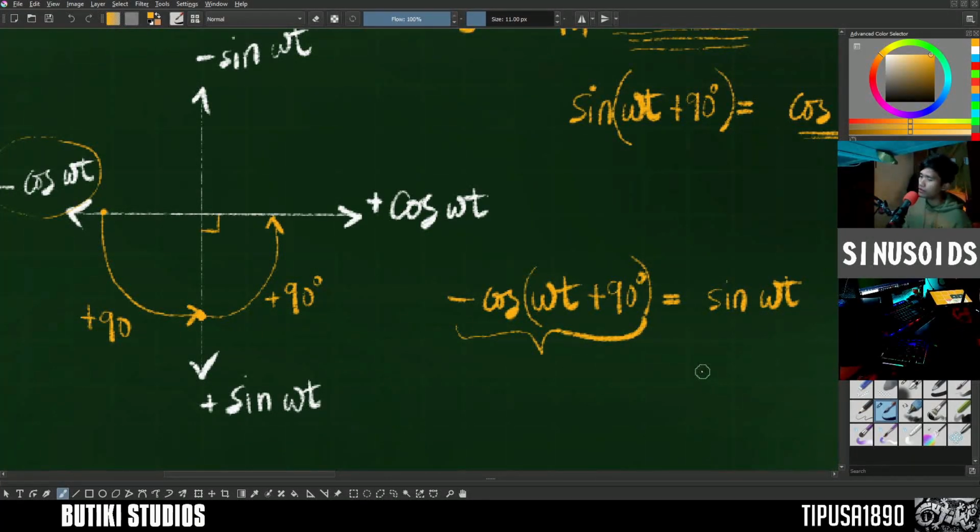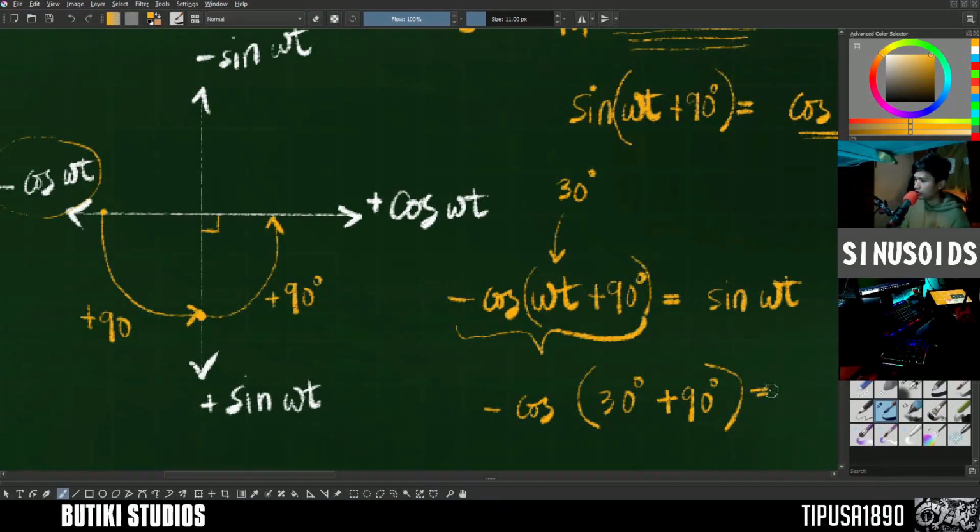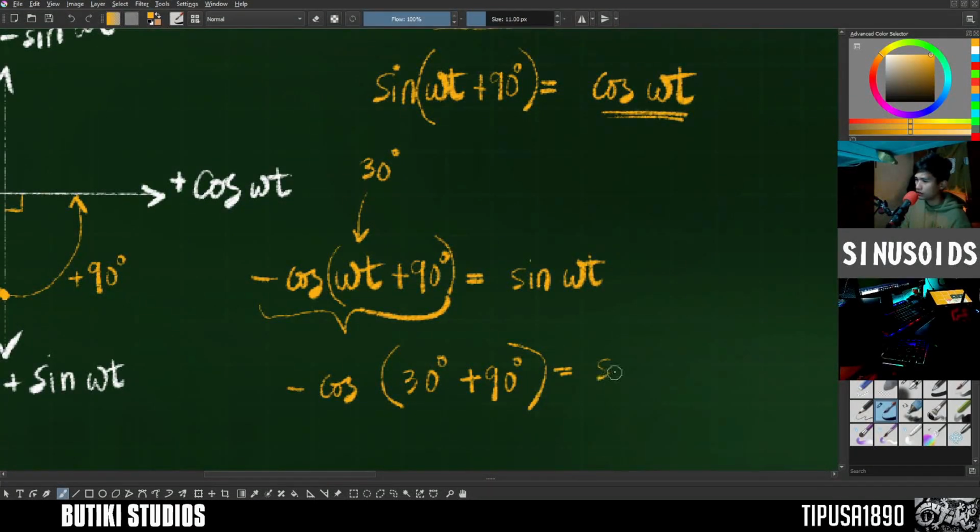Now if you have your calculator, pwede na siya ninyo ma-check. Say for example, butangin lang ninyo bisag unsang angle. Himuha siya nga ibutang 30 degrees. So mayroon ka negative cosine of 30 degrees plusan nato og 90 degrees, equal ba siya sa sine of 30 degrees, di ba?